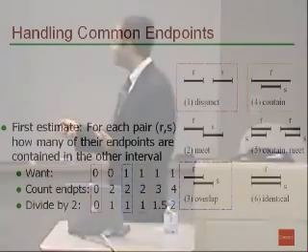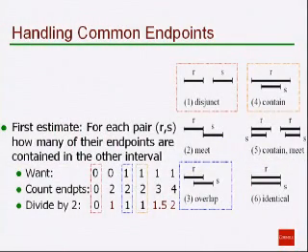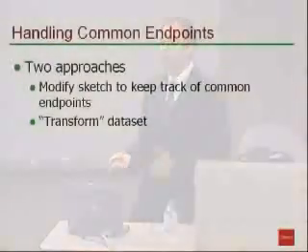So the overall storage cost is order W, since you'll be storing order W atomic sketches. The query cost is again order W, since to return an answer you're doing some form of averaging and medians, which can be done in linear time. And finally, the update cost is order W times log n, because each atomic sketch has order log n update cost. Note that all of this only works if you assume that the two joining data sets do not have any common endpoints.